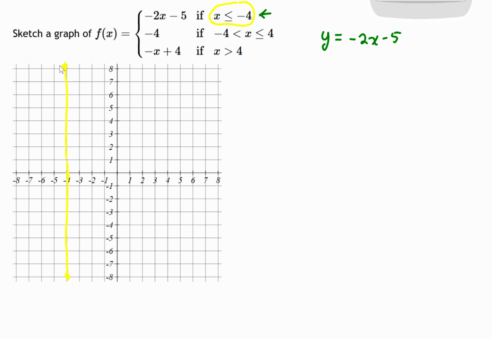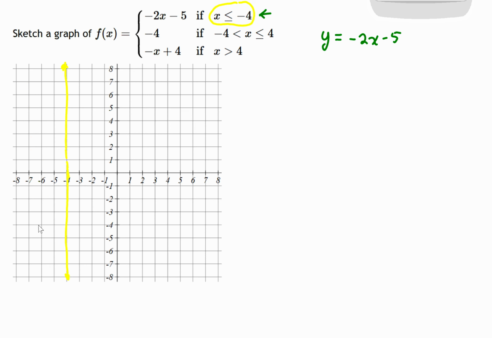Now, all the points that have x-coordinates that are less than negative 4 would be to the left of it, right? So I'm looking to graph this line only in that region. Now, the easiest way for me has always been to just graph the whole line and then erase the part that I don't want to keep.